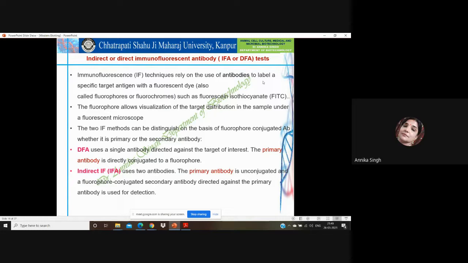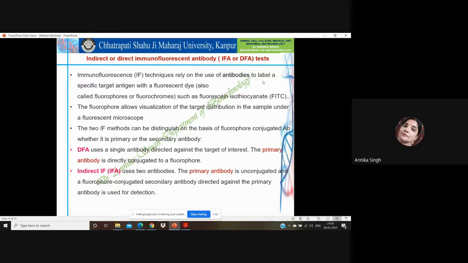In the indirect fluorescence assay, there are two antibodies. One is directly raised against the antigen, which is known as the primary antibody, and this primary antibody is unconjugated with a fluorophore, while this primary antibody is in turn detected by a secondary antibody which is directed against the Fc region of the primary antibody.